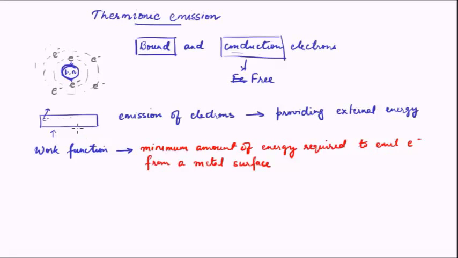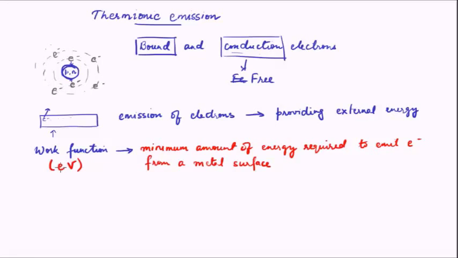Normally the work function, as you can see, is a unit of energy, but it is normally defined in terms of electron volt. That is how many electron volts are required to emit the electron. That is a more convenient way to express the work function.